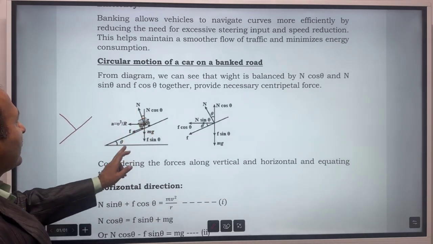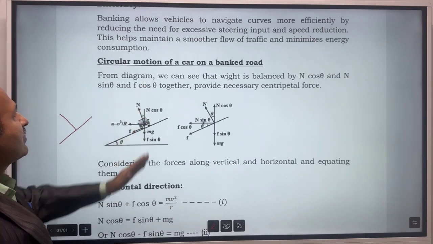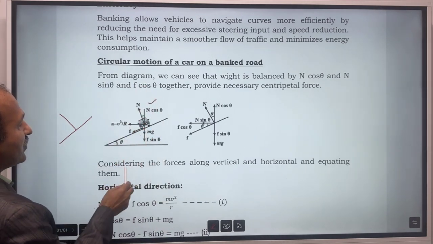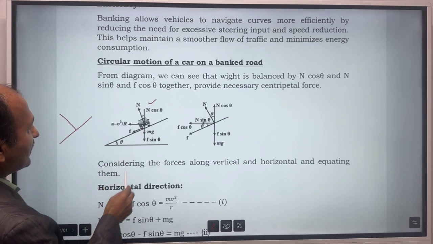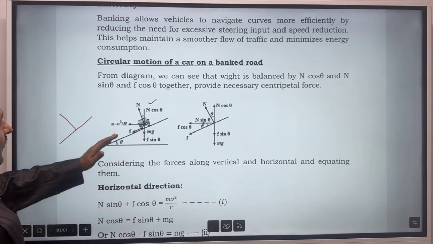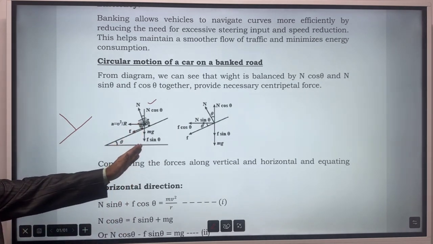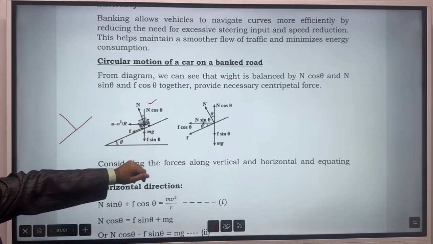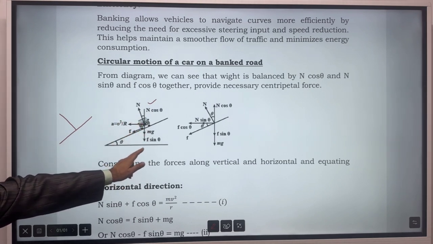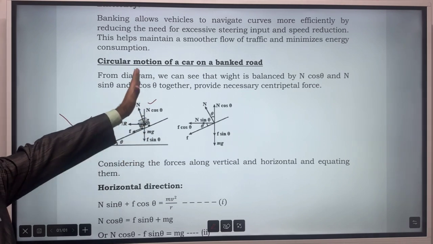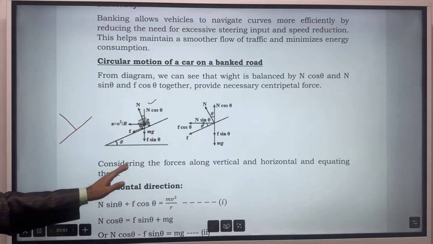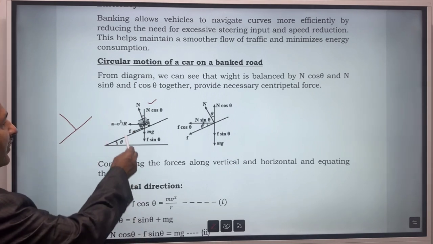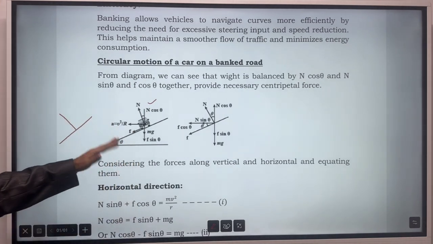If this angle is theta, this angle is theta, so this will be N cos theta, which will be balanced by mg. And also keep in mind friction is in this direction, so one component of friction will act in a downward direction. So weight mg and f sin theta will act in the downward direction and N cos theta will act in the upward direction. And here there will be centripetal force, that is mv square upon r.